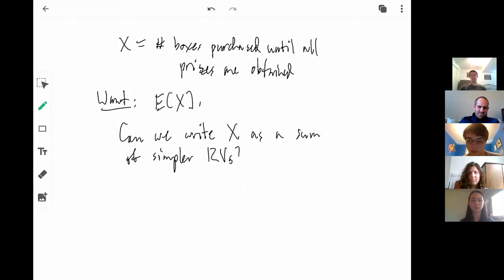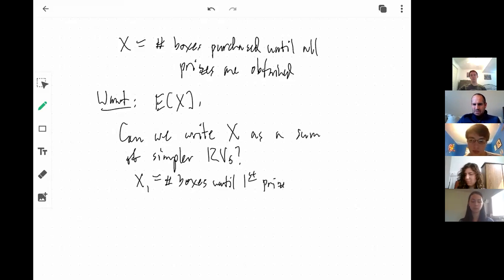So here's a hint. Let X1 equal the number of boxes until the first prize.